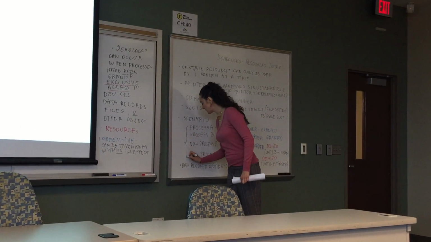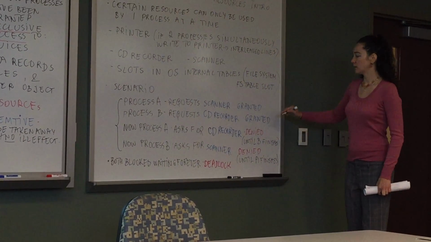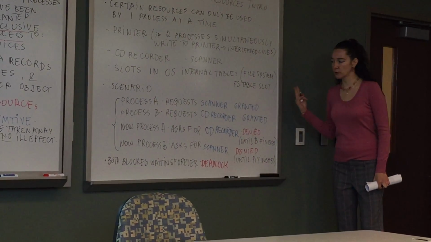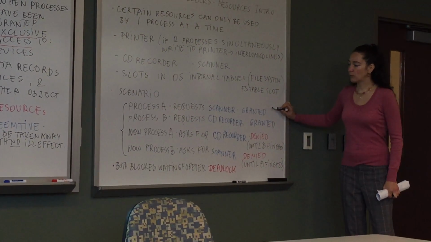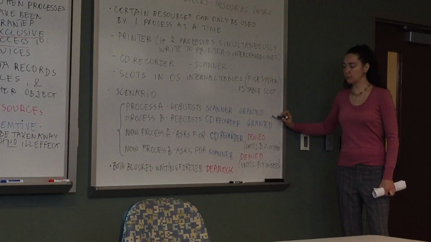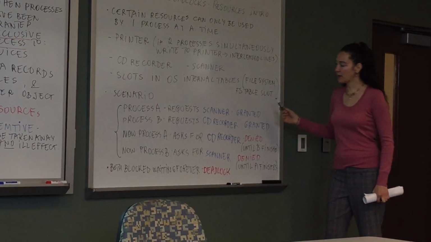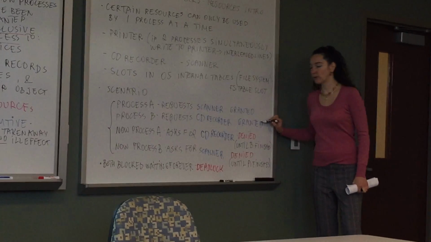Let's think about this situation one more time. The process A needs two resources, scanner and CD recorder. It requested the scanner and it got it. The process B needs the same two resources, the scanner and CD recorder. It requested the CD recorder and got it.